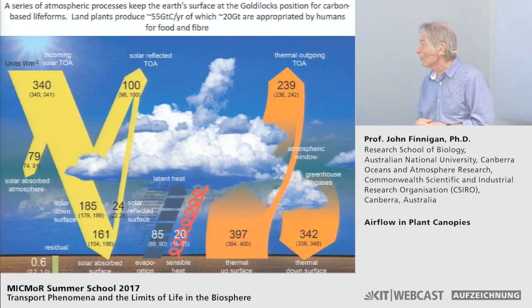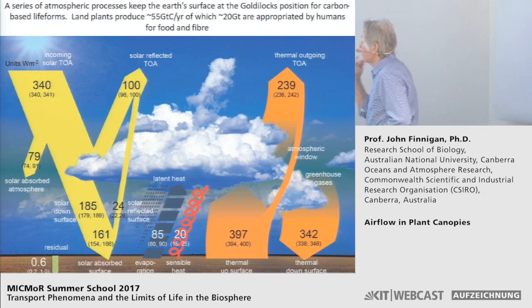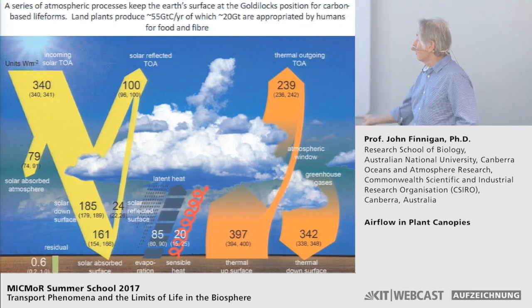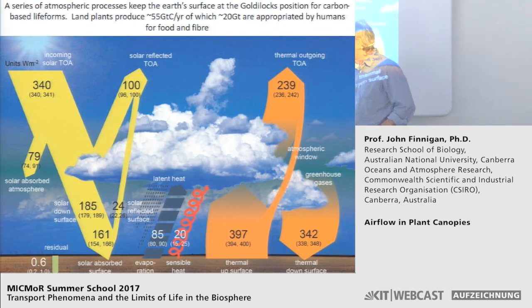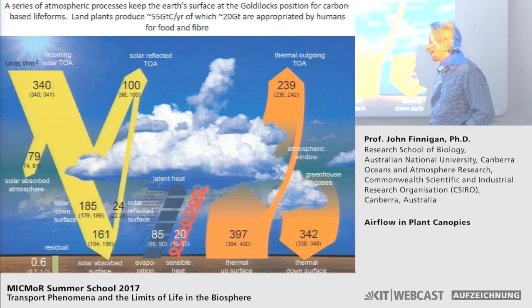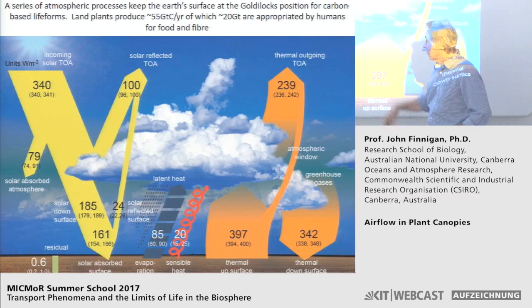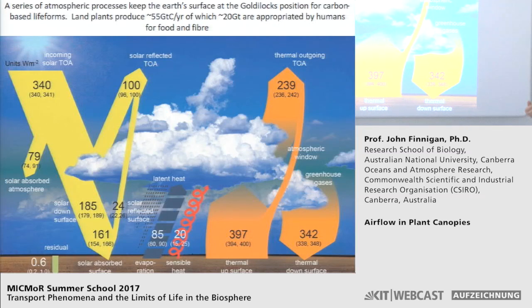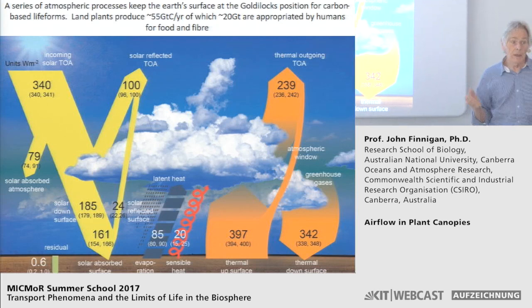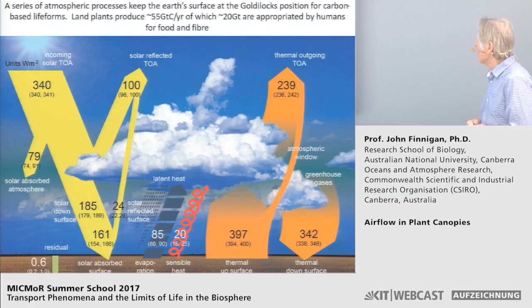You know, we have liquid water, we have all the stuff that we need, and it's a balance of radiation in from the sun, shortwave radiation, long-wave radiation out, and the transfer of the heat that gets down to the surface from evaporation, latent heat, and sensible heat. And we'll be concentrating really on these two terms, the evaporation and the sensible heat terms, as they're modulated by life, biological life on the planet.